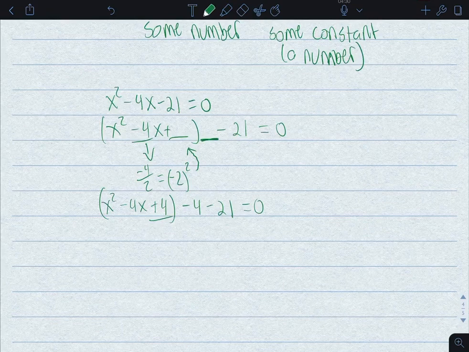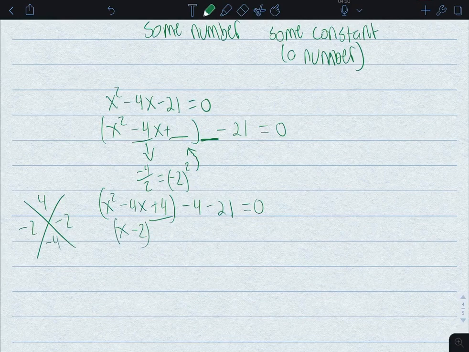What's in this parentheses now can be factored pretty easily. I'll show you the x method, and I'll make another video about how to factor this really quickly because there's a pattern to it. With the x method, it would be 4 on top, negative 4 on the bottom, and the factors are minus 2 and minus 2.